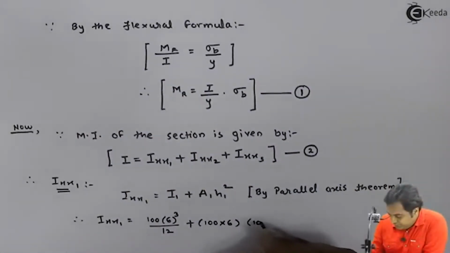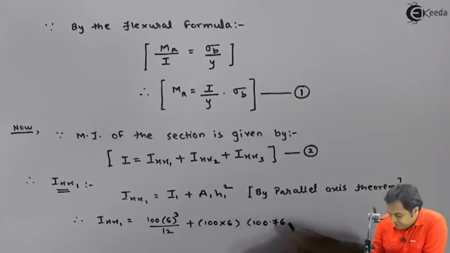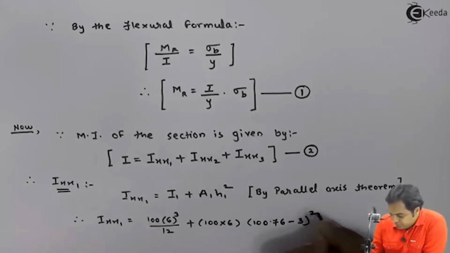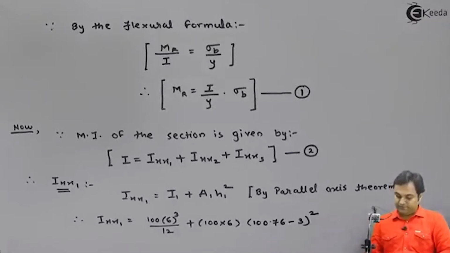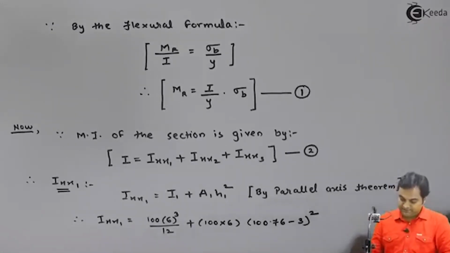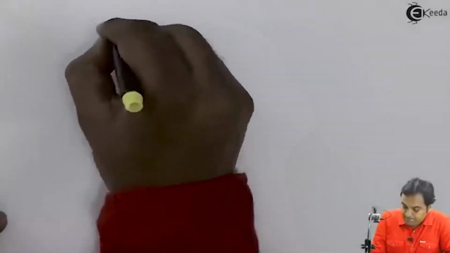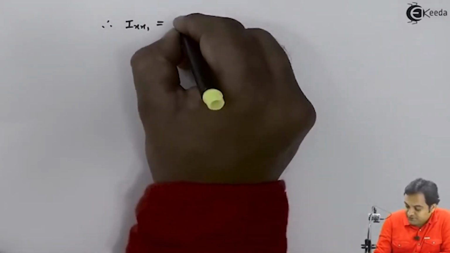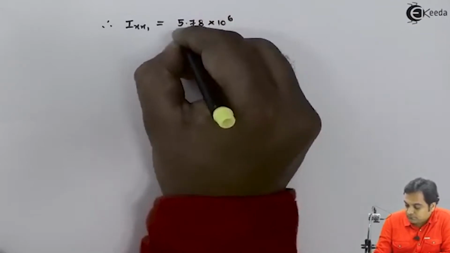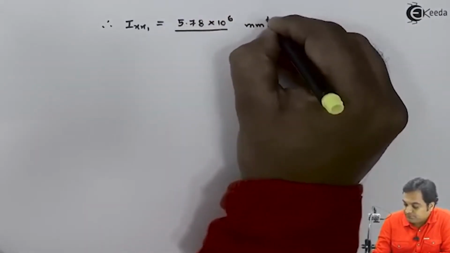So 100.76 minus 3 whole square. So from this, if I calculate, I would be getting Ixx1 value as 5.78 into 10 raised to 6 mm raised to 4.